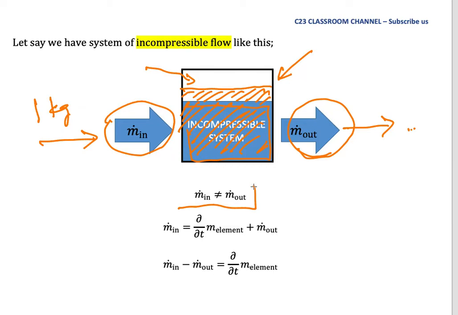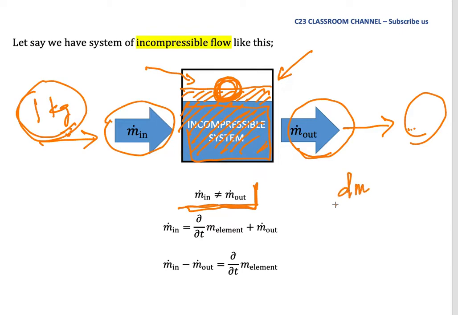In this situation the inlet is not equal to the outlet, so we write it like this. Why is it not equal? Because there are changes of mass inside the system. How do we write the changes of mass? We write it as dm over dt.